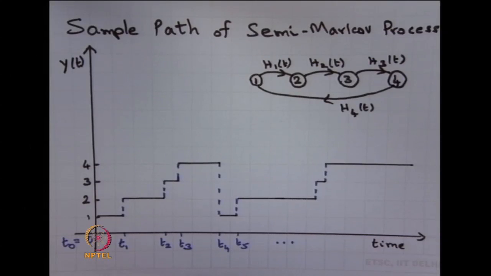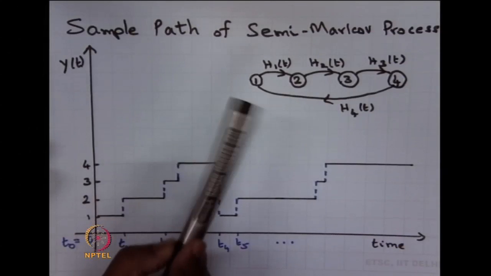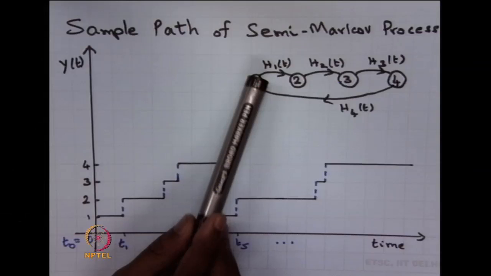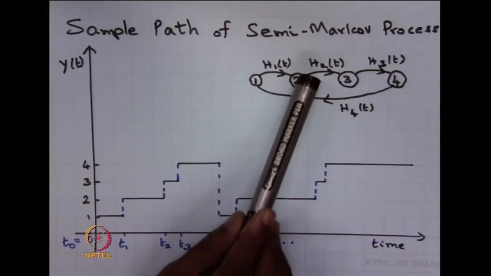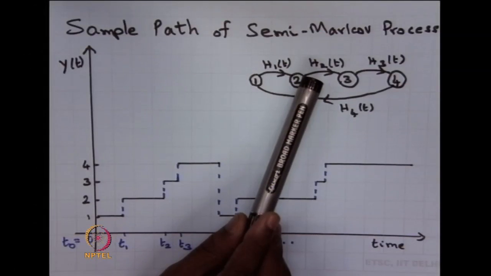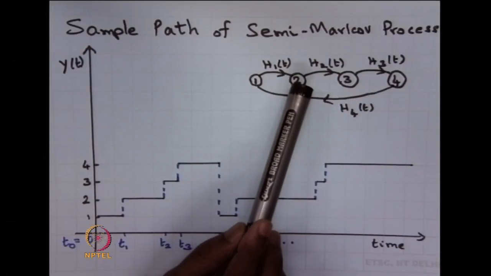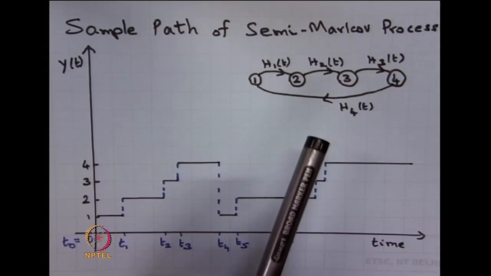Let us consider that the time spent in state i follows a general distribution with the distribution function hi of t. That means in this example h1 of t is the distribution of the time the system spent in state 1, h2 of t is the distribution of the system staying in state 2, and so on.